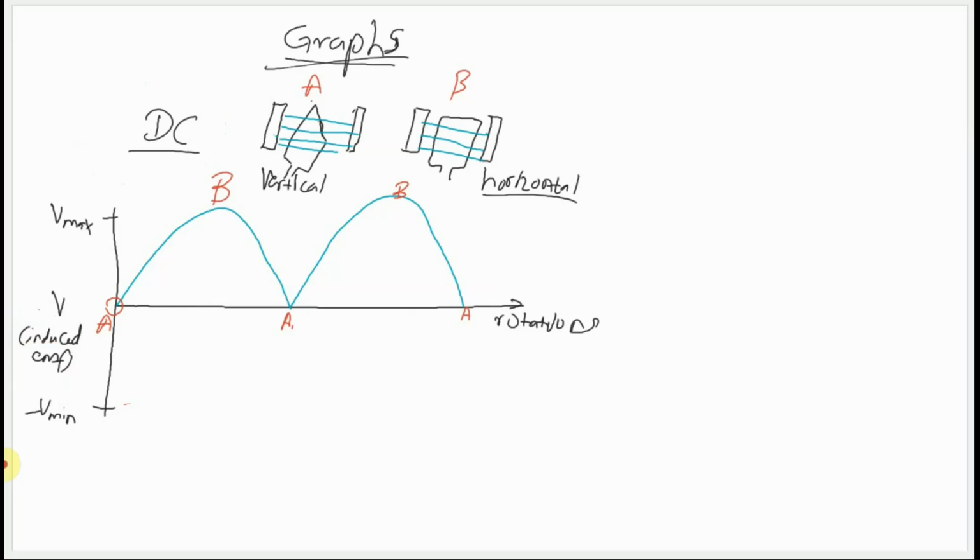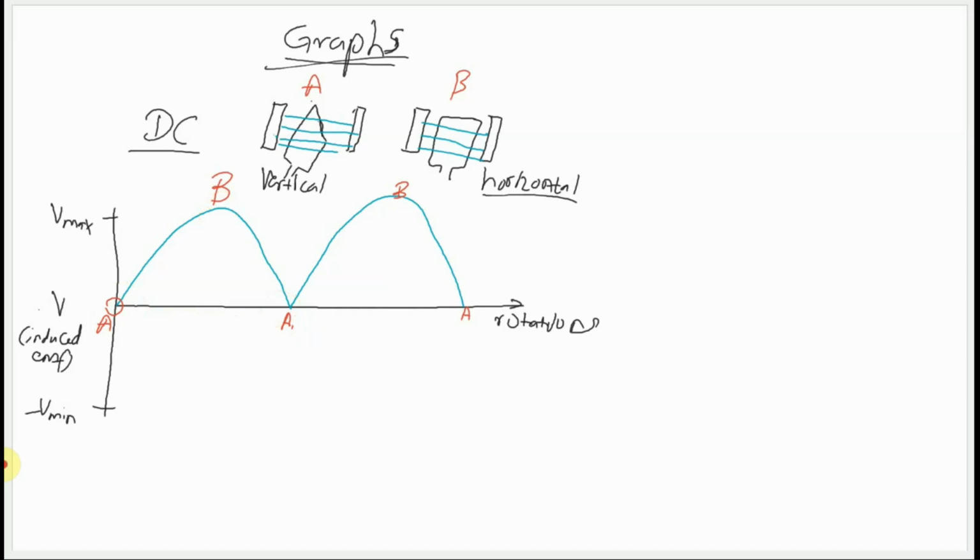Like I said, that is why for the DC current, the direct current, there's no change in direction. You start from 0, go to maximum, go back to 0, then go back to maximum, back to 0, and continue and continue. From here to here is a half rotation: vertical, horizontal, vertical.